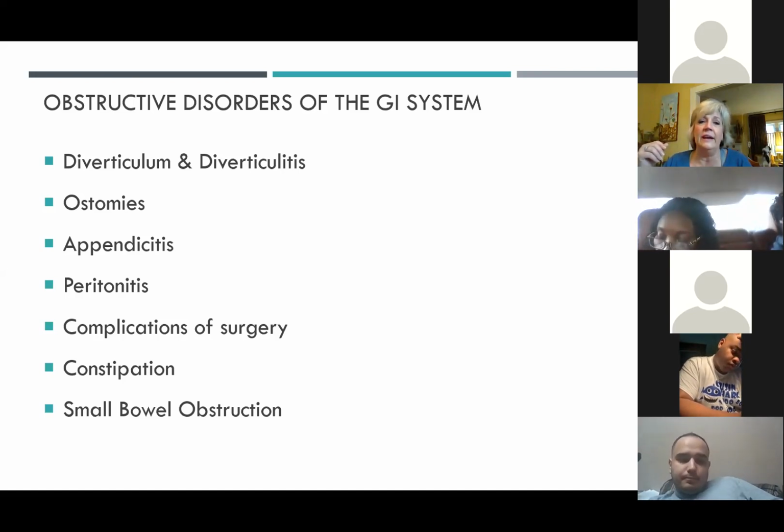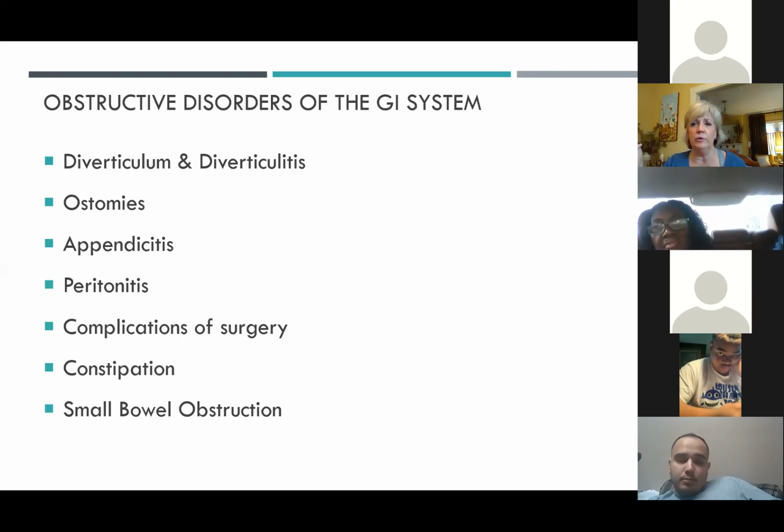Okay, and then ostomies, the creation of an ileostomy. We may have large outputs from ileostomies, 1,500 to 2,000 on their first day post-op. But if they have more than that after that 24-hour time period, then we may have a patient that goes into fluid volume deficit or dehydration.